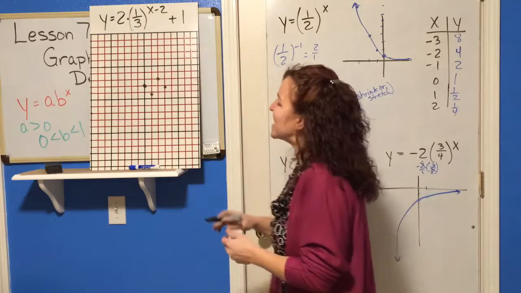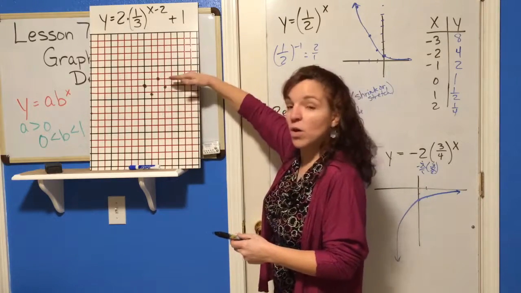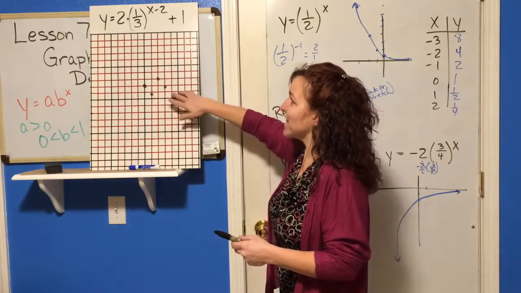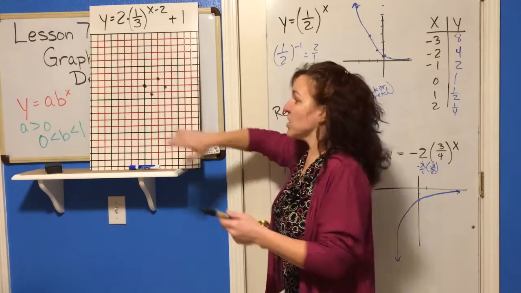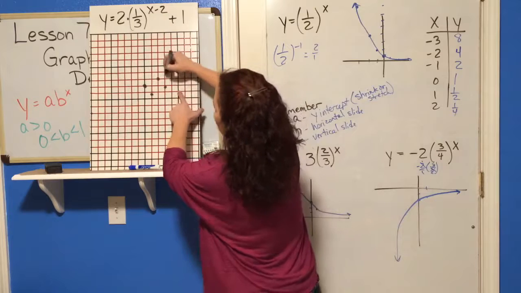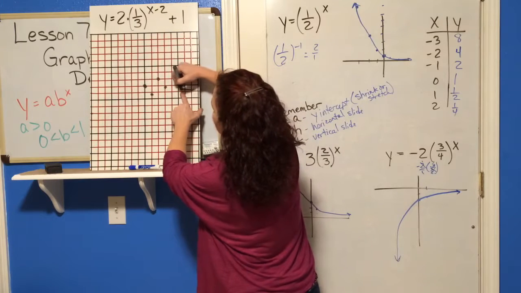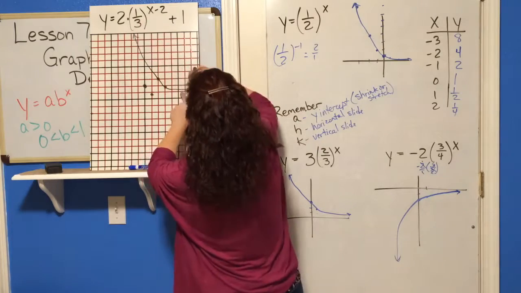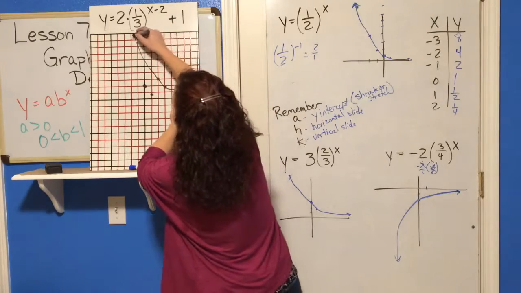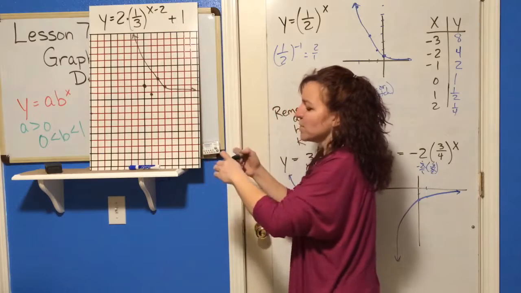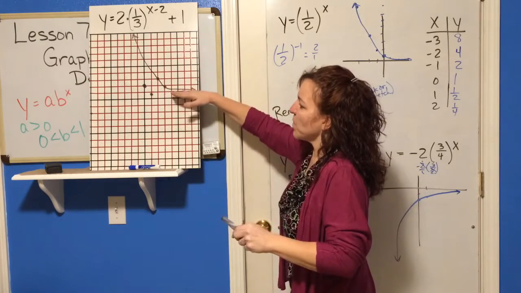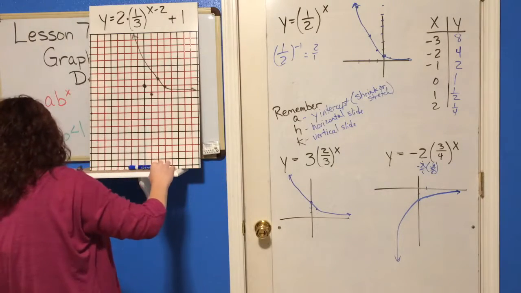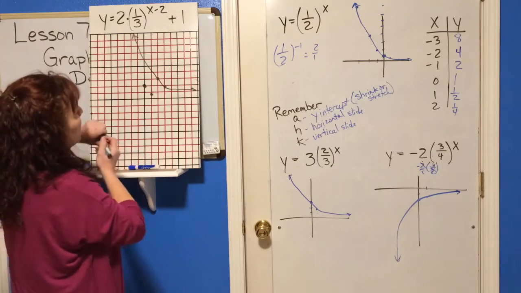And now because we've gone 1 up, instead of our asymptote being the x-axis, it's now +1. So we're going to approach this but not cross it, and then it's going to go way up like this. So now our asymptote is y equals 1.